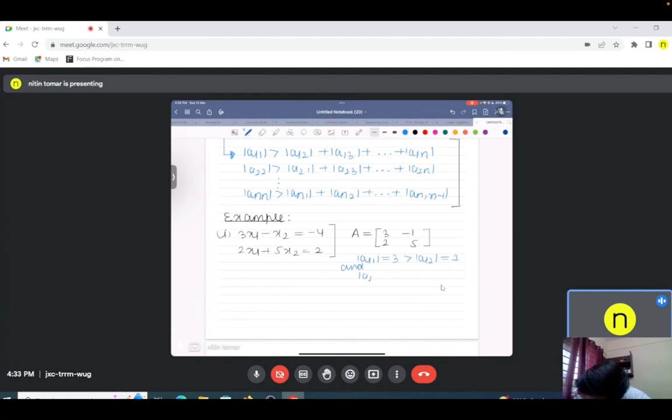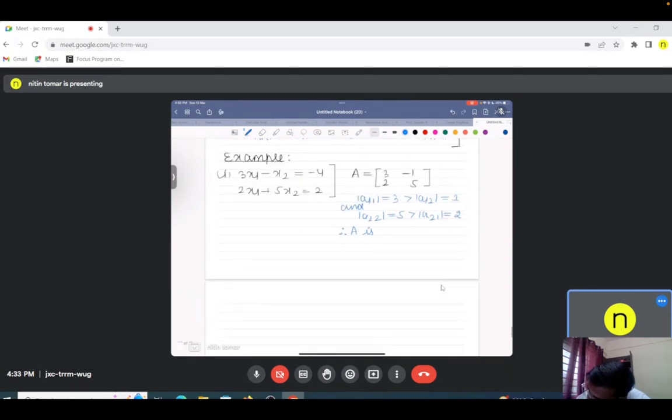And what is mod A22? It is 5, and it is strictly greater than mod A21, which is 2. Therefore it is diagonally dominant.